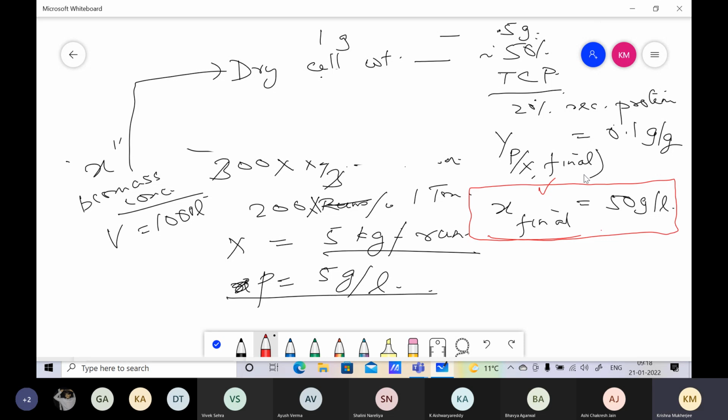Now you see, the connections are now being made with mu. And now it is a very simple step. If X final is 50 grams per liter, and let us say that it is made in 2 hours, and remember that the induction is at 2 hours, and I will introduce one minor point.